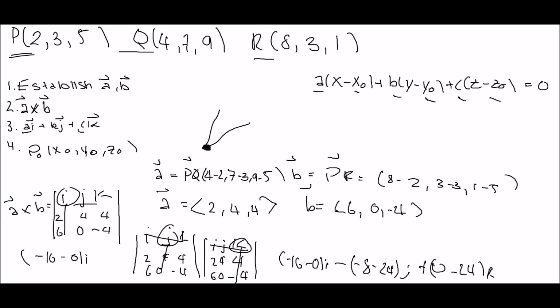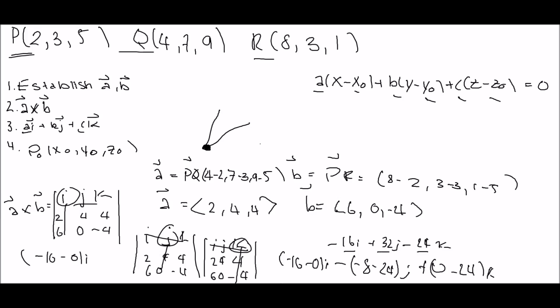That is our K. So we have negative 16I plus 32J minus 24K. And so this is our A, this is our B, and this is our C.